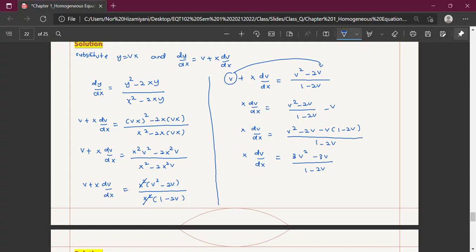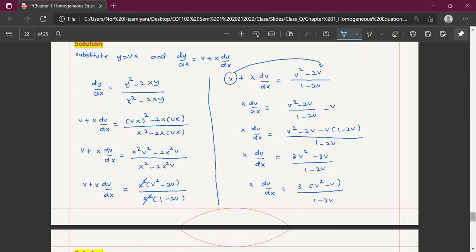Similar with the previous example, you can just leave your answer like this on the right hand side, or maybe you can try to factorize out 3. So we have (v² minus v) over 1 minus 2v.